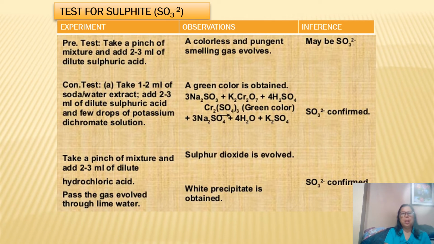But with the prepared extract, upon the addition of sulfuric acid and potassium dichromate, a green color will be produced, then sulfide is present. Or if you pass the gas through lime water and a white precipitate is obtained, then sulfide is also present.